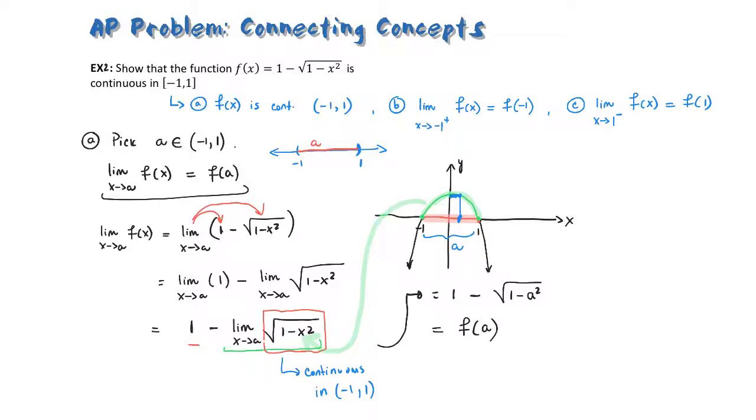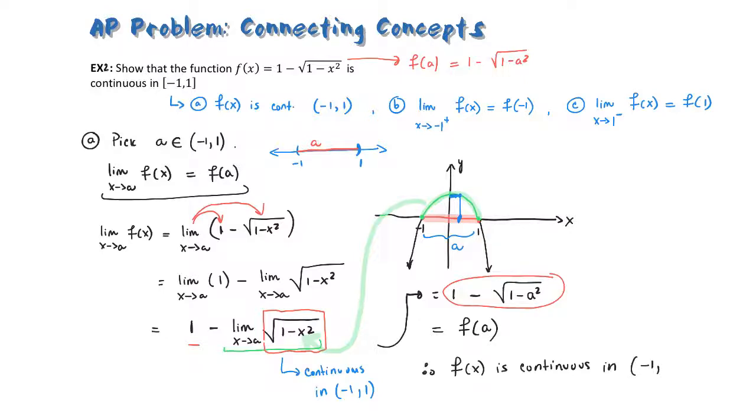If you were to go back to the original function, right here, and I were to ask you to evaluate f of a, you would say, not a problem. f of a is 1 minus the square root of 1 minus a squared, which is exactly what we got right here. So based on this, we conclude that f of x is continuous in the open interval (-1, 1).